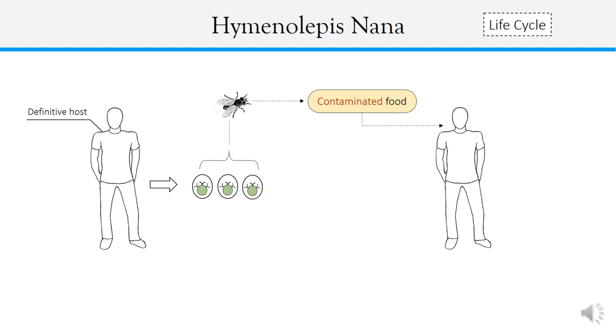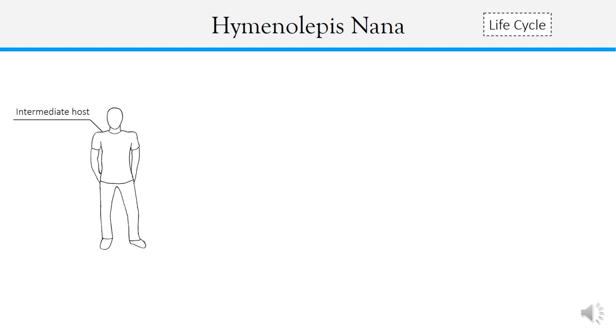From this schematic illustration, we see that in this scenario, when a person is infected, this patient will have oncospheres inside of the stomach and inside of the intestine.